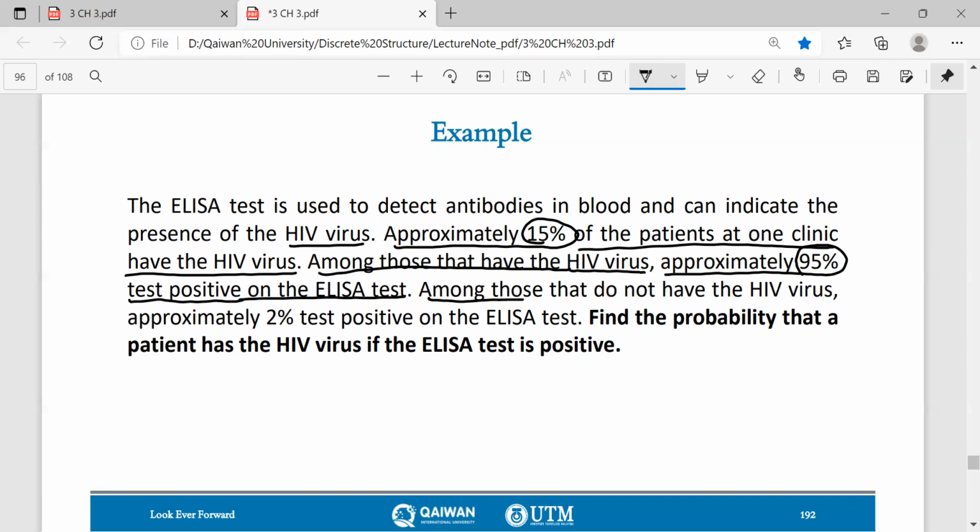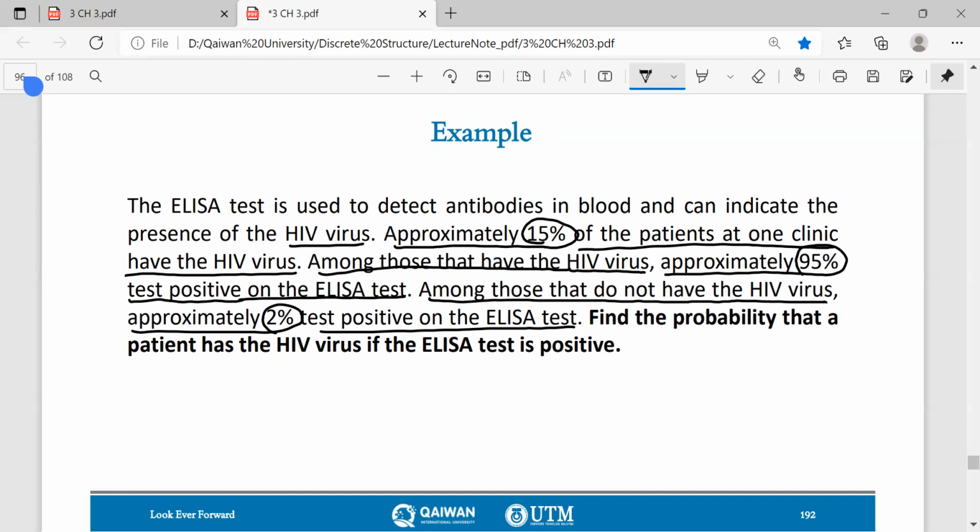And among those that do not have the HIV virus, approximately 2% test positive on the ELISA test. We have only 2% positive tests among those which have no HIV virus.